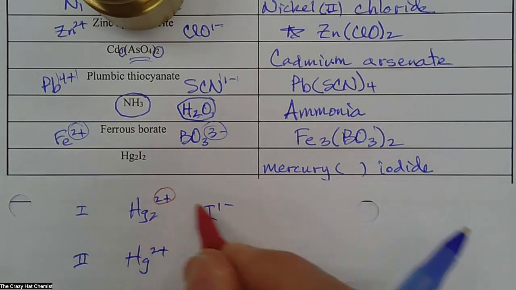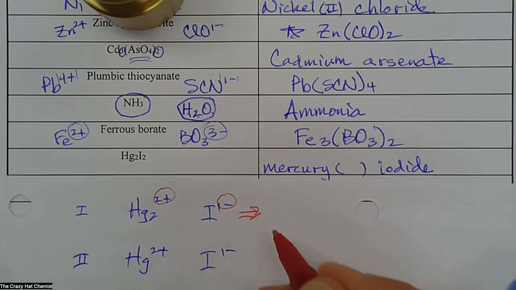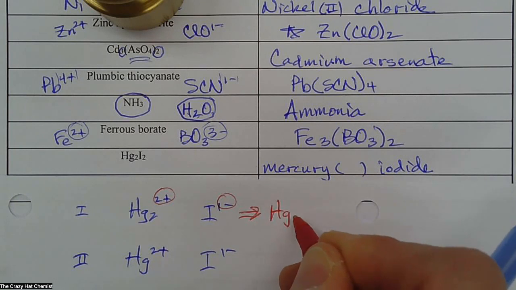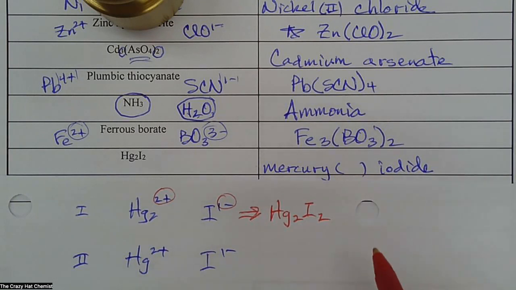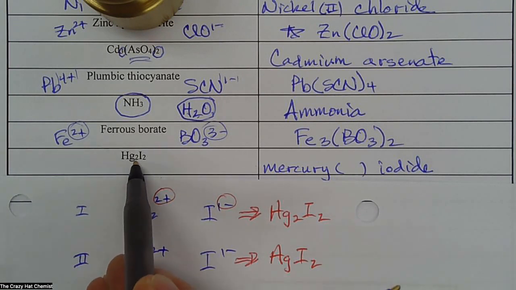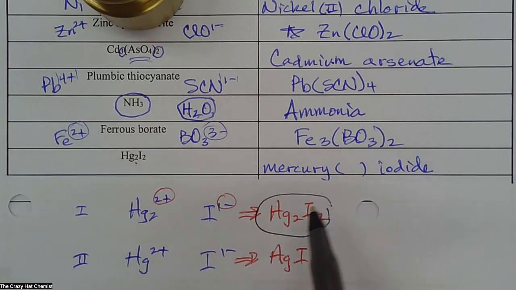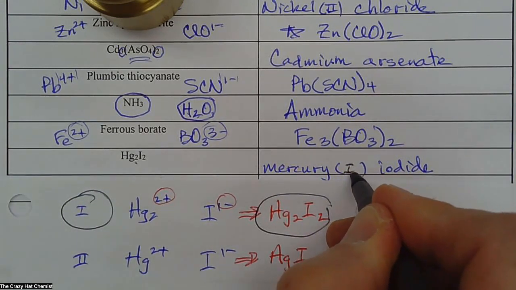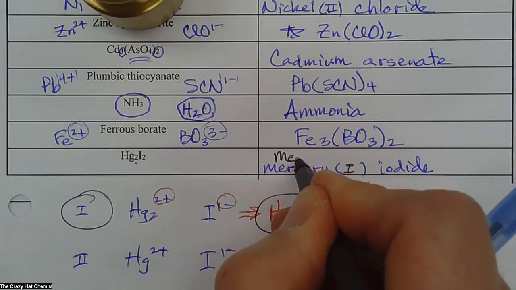So we're going to take the absolute value of these two and bring it down, and we're going to get Hg2I2. We're going to take this one, bring it down, and we're going to get HgI2. So we need to figure out which one of these two matches. And that little 2 there is the essential 2 that's important. So that's mercury 1. And so we're going to write mercury 1, and that's mercurous.